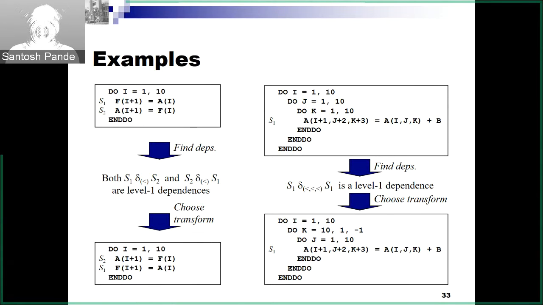So in other words, higher order executions of K loop now occur for higher K values and then they keep decreasing from 10 to 1.